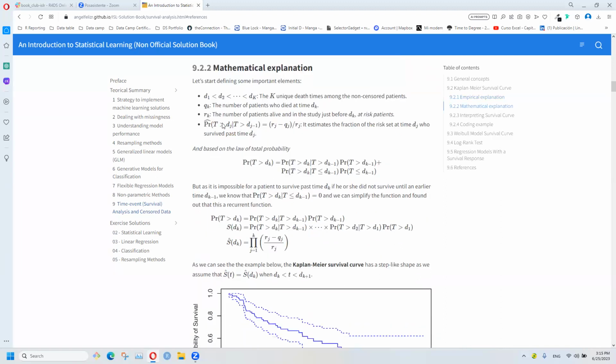And we see that the probability of the event happening after a certain time would also be the probability that it did not happen before.